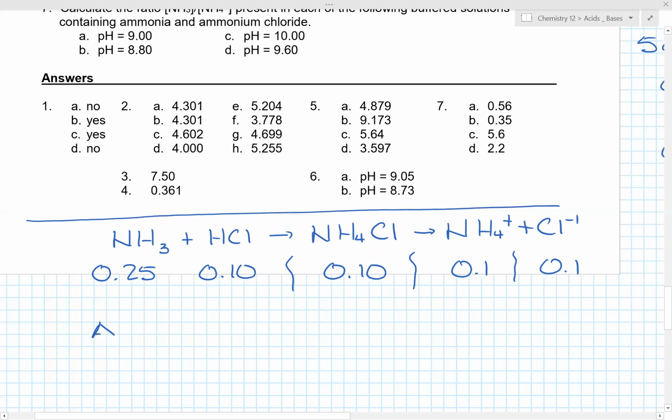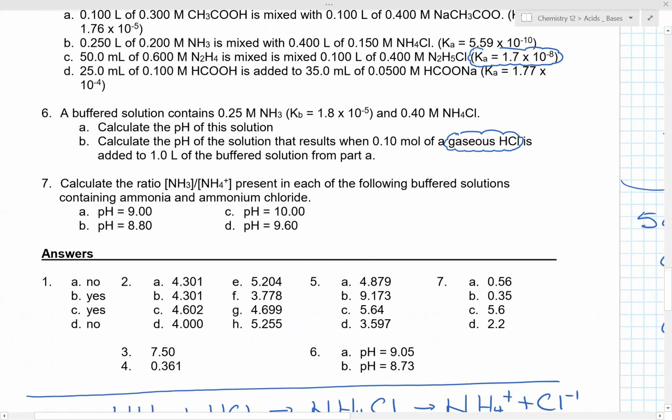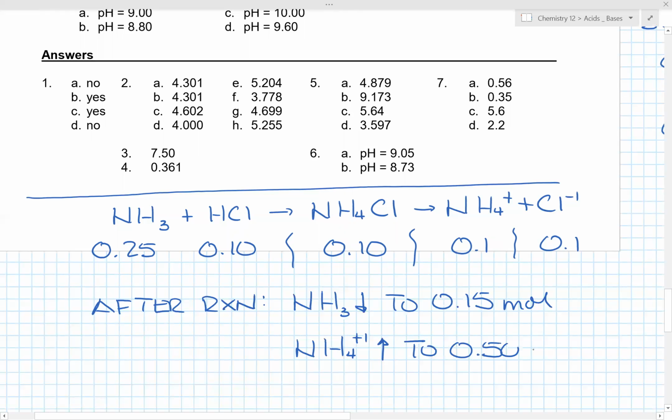So after reaction, the NH3 has decreased to 0.15 moles. Okay. And the NH4 plus increased to, in this case, 0.50 moles.